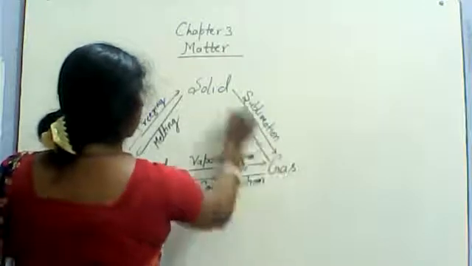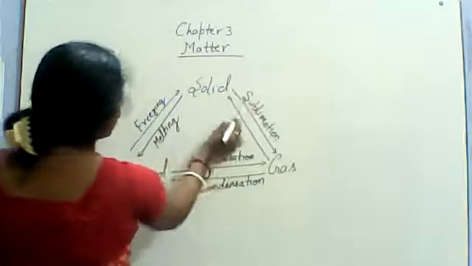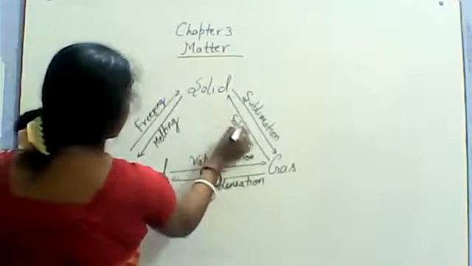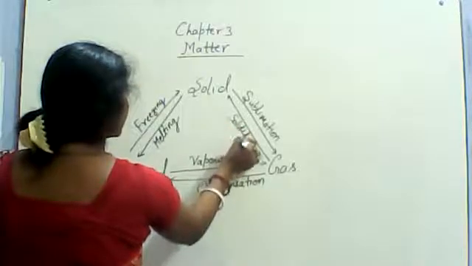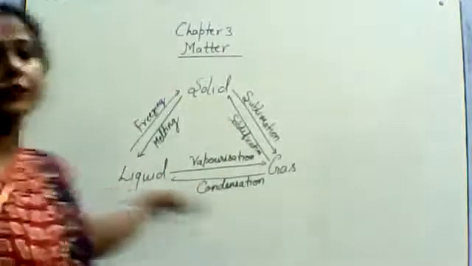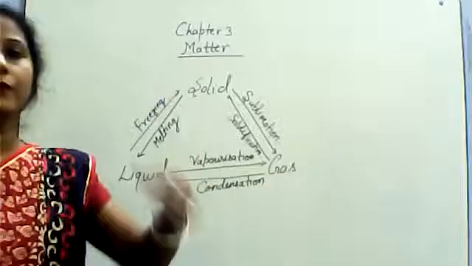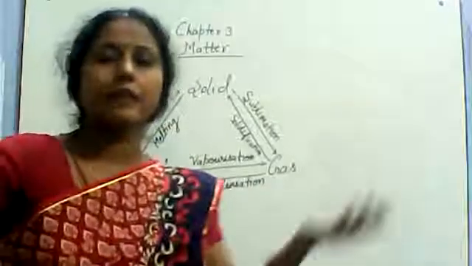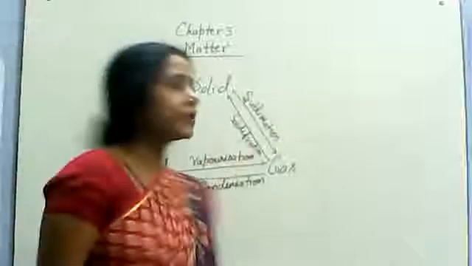And when gaseous state changes into solid, that is solidification. So by this flowchart, you can understand which is melting, which is freezing, and so on. That is vaporization, condensation, sublimation, and solidification.